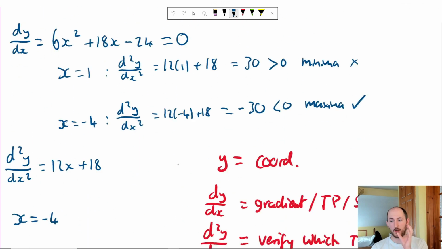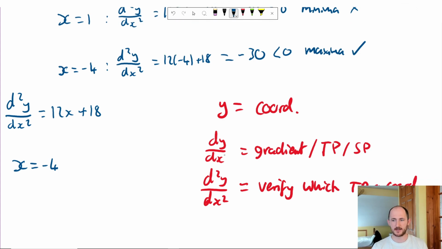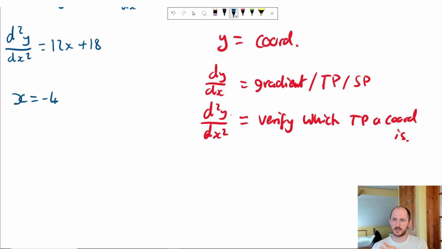I'm talking about if you want the whole coordinate, you're going to be subbing back into the original. If you want the gradient, or the turning point, or the stationary point, or where the gradient is 0, whatever, that's dy by dx. If you want to verify, so d squared y by dx squared is quite rare. It's only if you want to verify which turning point a coordinate is. Is it a maxima, minima, point of inflection? That's the only time you use d squared y by dx squared.